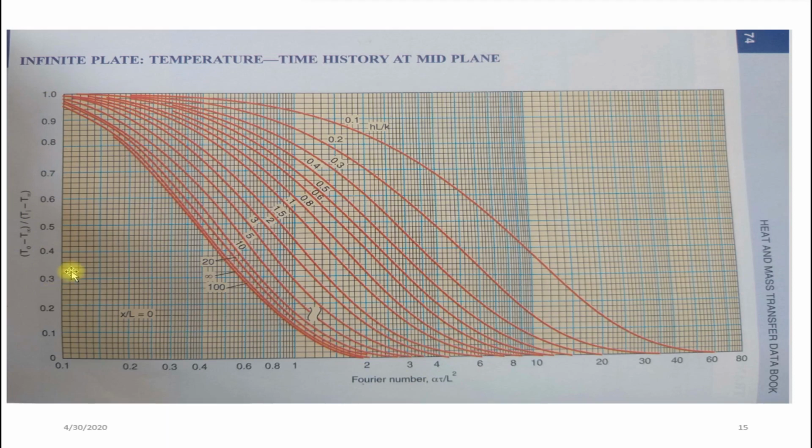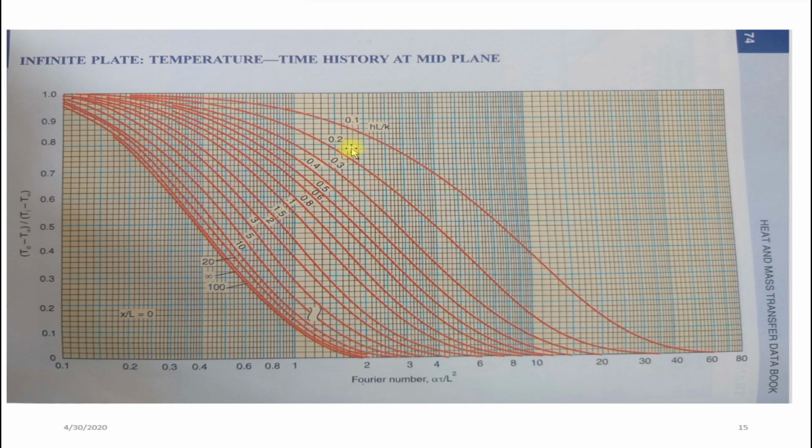Now we have the Biot number of 0.165 and Fourier number of 3.424. On the graph, 0.1 is here and 0.2 is here, so 0.165 lies in between.